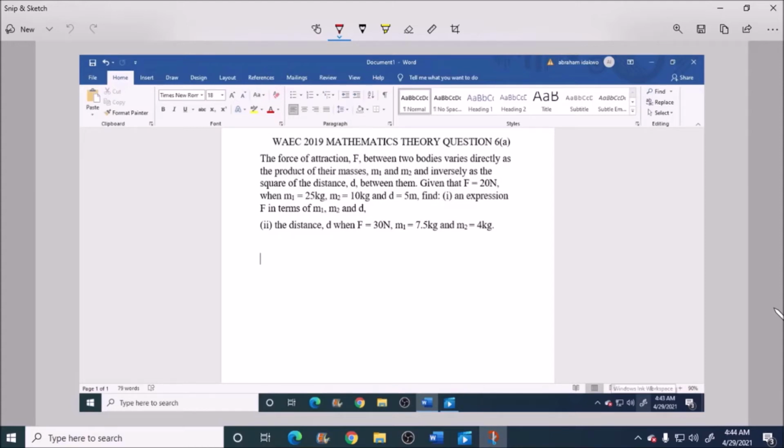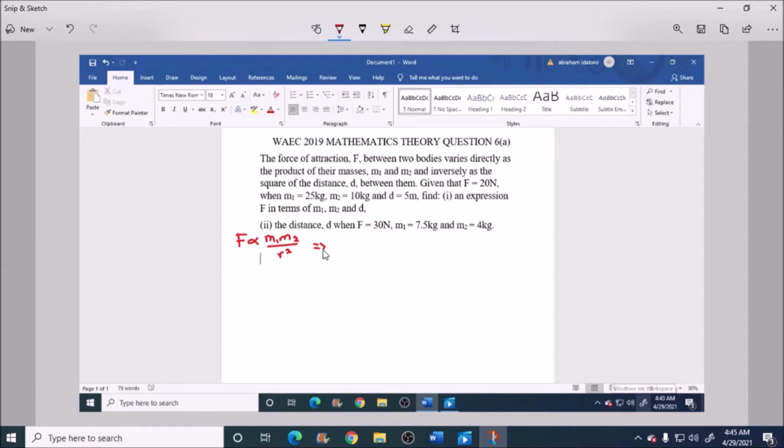Okay, so let's begin with writing the equation. So we have F is directly proportional to m1 m2 upon the distance d squared.